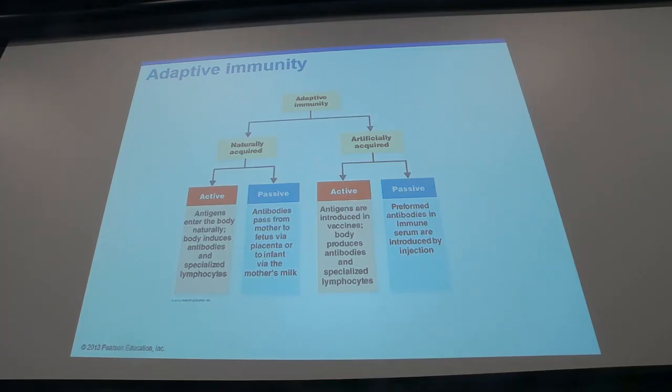So, but now, if the baby was breastfed, now it's going to have another source of antibodies, which is going to be IgA, or immunoglobulin A. So this one is an antibody found in several secretions, including breast milk.